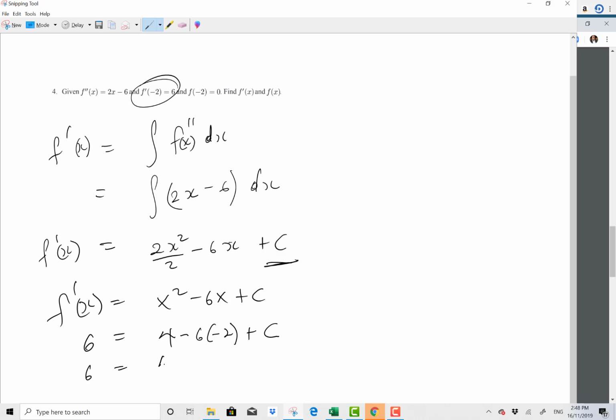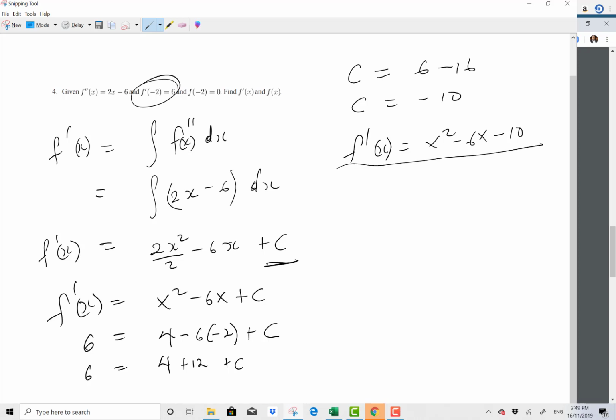So that's 6 equal to 4 plus 12 plus c. So c is going to be equal to 6 minus 16, so c is equal to negative 10. So my f prime of x is going to be equal to x squared minus 6x minus 10. Okay, so that is my f prime.